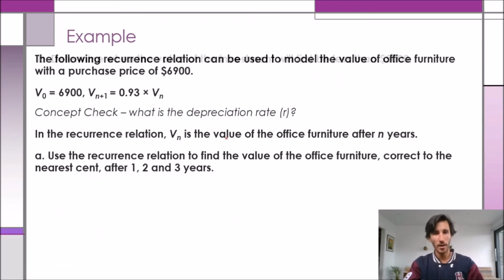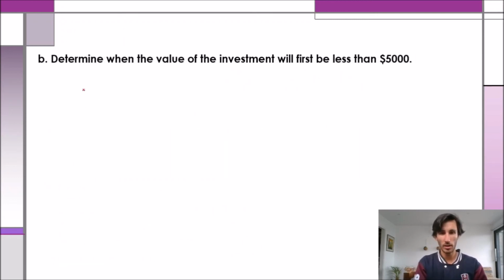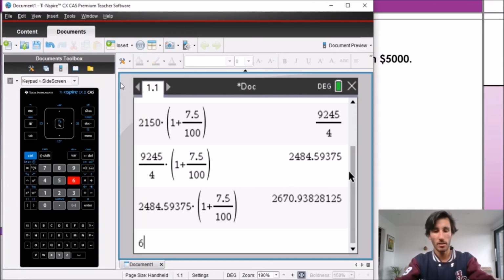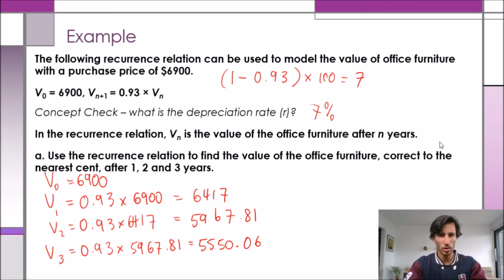And then finally, the last example that we need to talk about: determine when the value of the investment will be first less than $5,000. Well, what's our starting value? 6,900. And this is something that we'll actually do in our CAS. So 6,900 times 0.93. We know it's 0.93 from the recurrence relation from the previous page. Double check. Yes, it is 0.93 times the previous value.